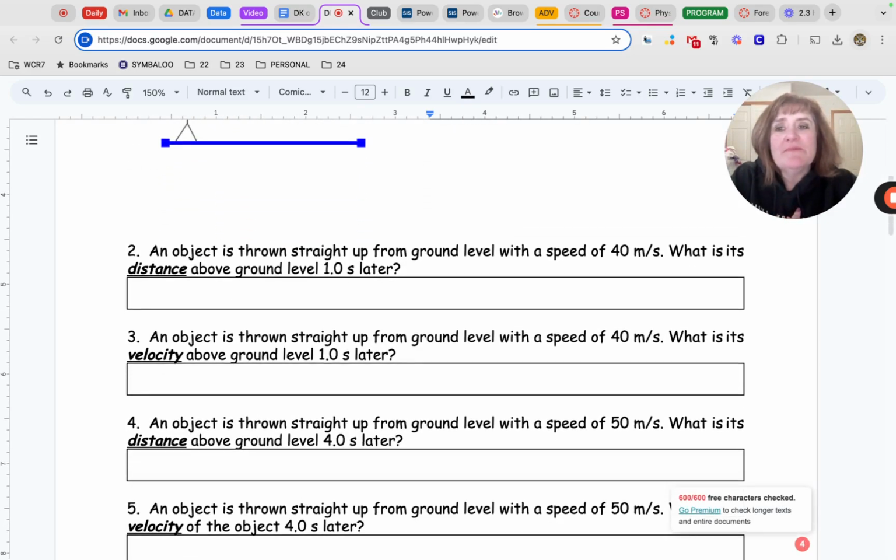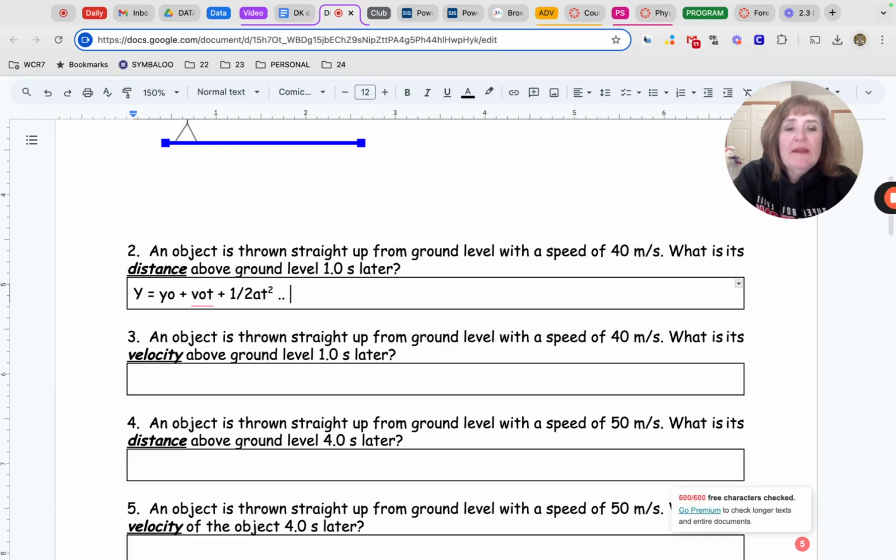Question number 2. An object is thrown straight up from the ground with a speed of 40 meters per second. What is its distance above the ground 1 second later? Well, this is a question where you have to utilize kinematic 2. y is equal to y naught plus v naught t plus 1/2 at squared.